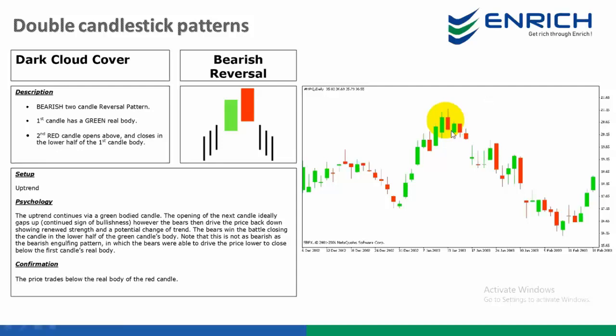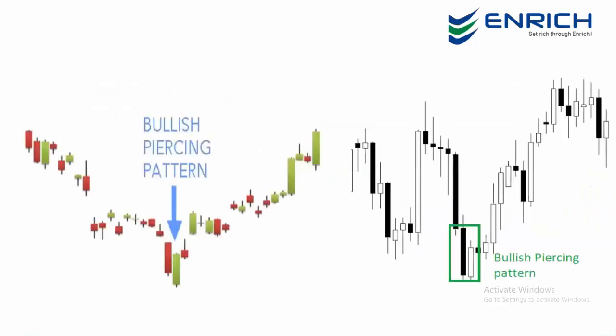So don't get confused between the engulfing pattern and the piercing or dark cloud pattern. The point to remember is, where does it close? In both piercing and dark cloud cover, the closing is above or below the 50% mark. For example, let me go back to this point and show you the chart.